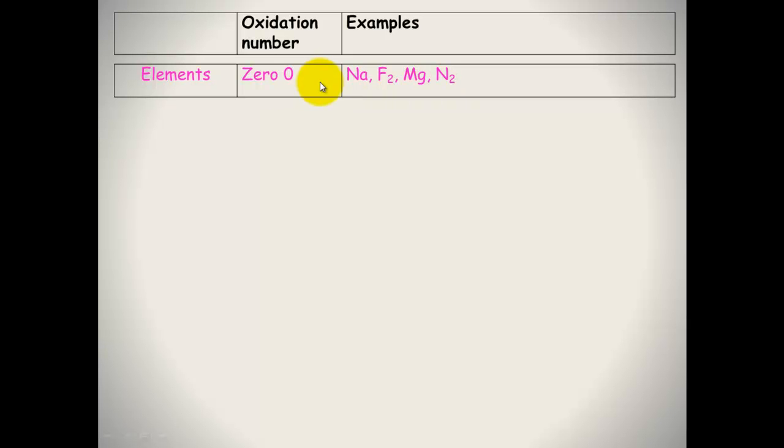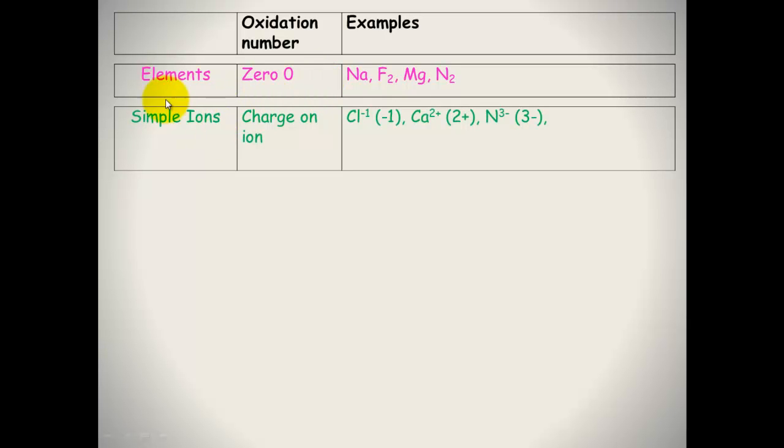First rule, that's easy. The second rule: if it's an ion, so if there's a charge on an ion like Cl-, the oxidation number is equal to the charge on that ion. So you can see here, chlorine has an oxidation number of -1. Calcium has a 2 positive charge, and its oxidation number is +2.